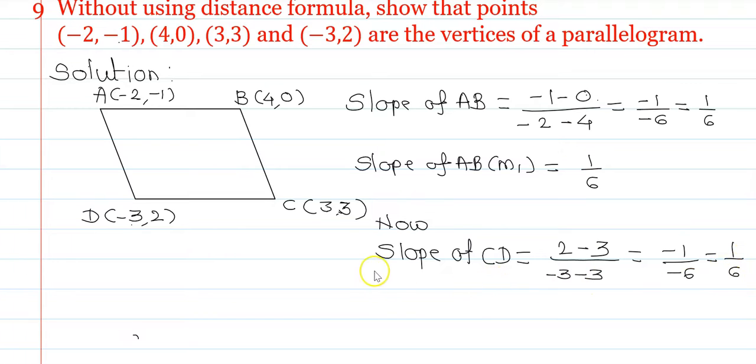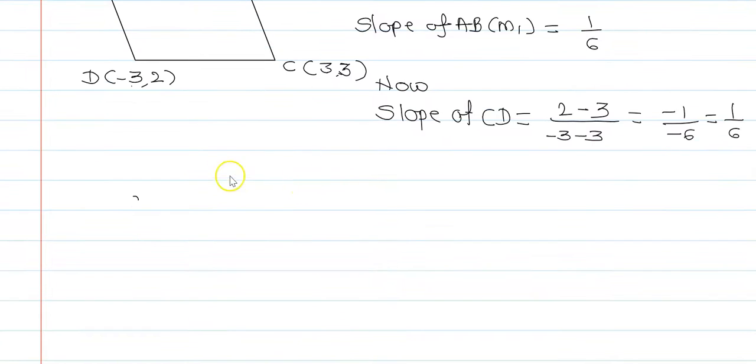Therefore here we write slope of CD, in bracket m2, is equal to 1 upon 6.